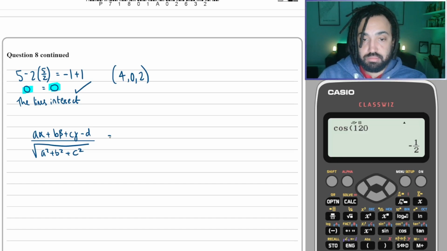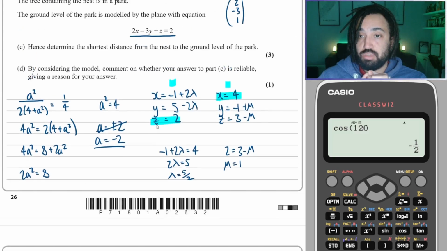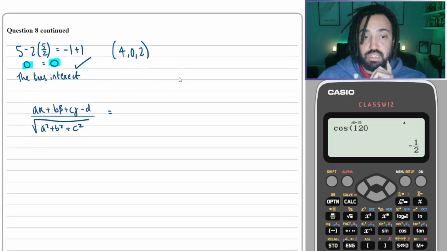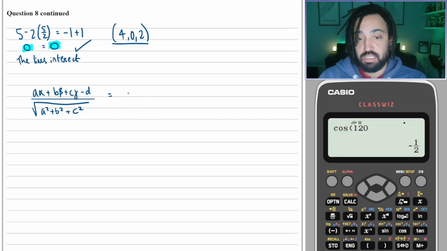Okay, so what are these things? Well, the ABC is the normal vector, which we said was 2, minus 3, and 1. And D is the constant which the plane is equal to, so 2. And the alpha, beta, gamma is the point which we are working out how far away it is.